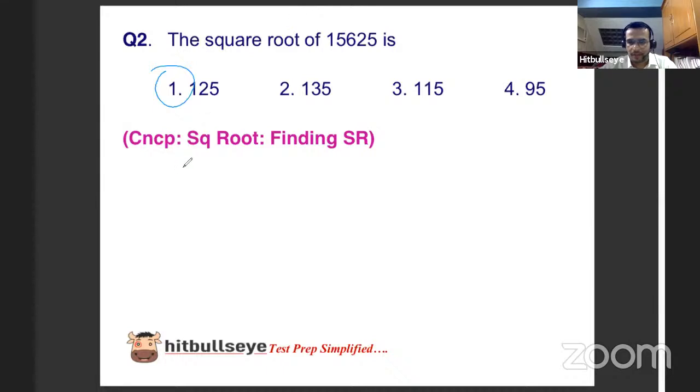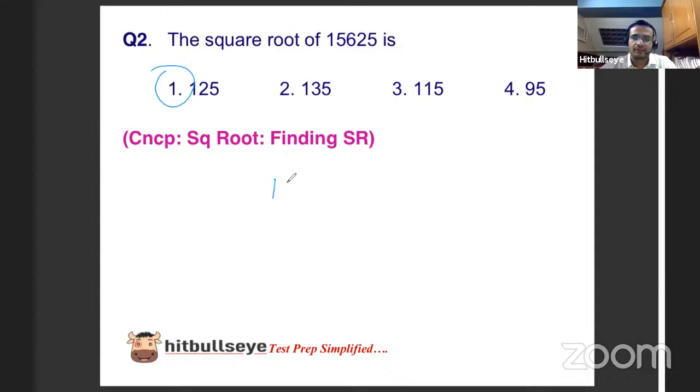What about others? Everybody is able to solve and get the answer as 125. Mohammed Sufyan has also given the answer. Divyansh Gupta, Tejas Chaudhary, Rishika. Okay, happy to see all the same answers coming. Let's see if that is the right one or not.